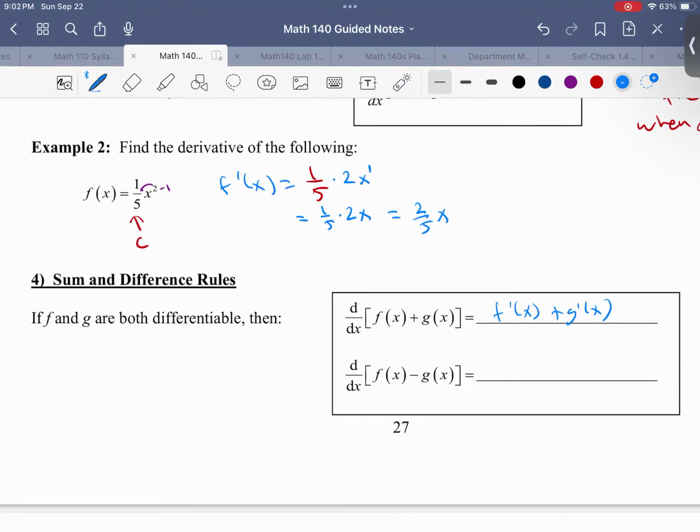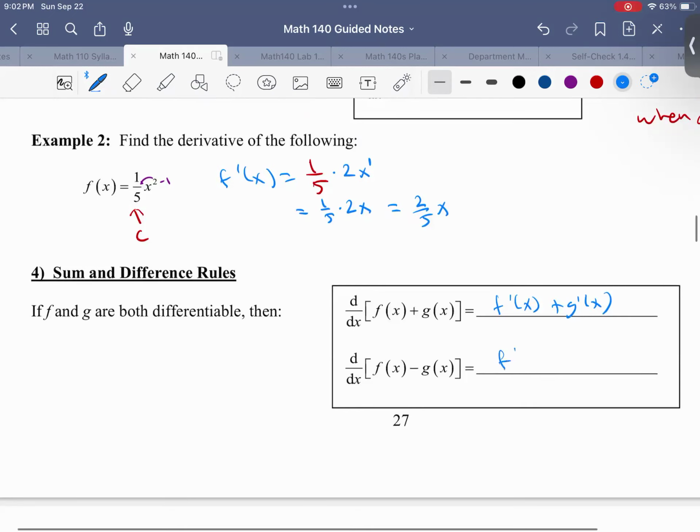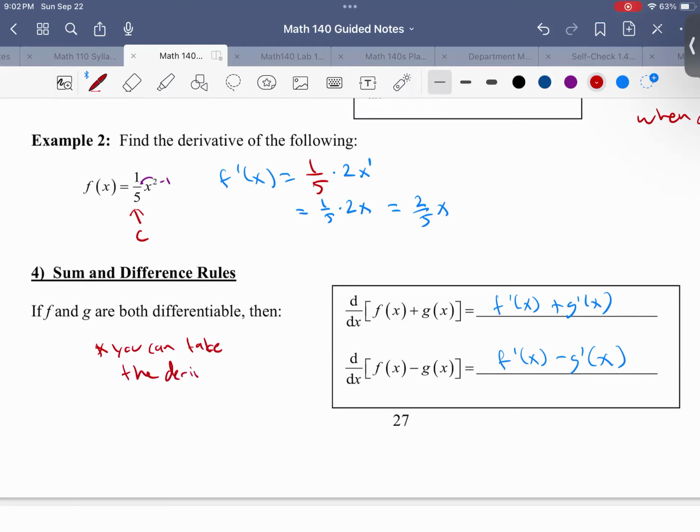Likewise, for the difference rule, you're subtracting, and you can just take the derivative of them individually while subtracting. So what this rule means is that you can take the derivatives individually.